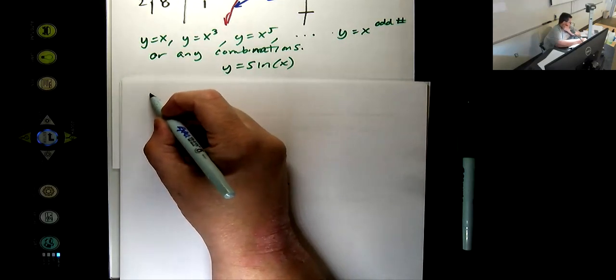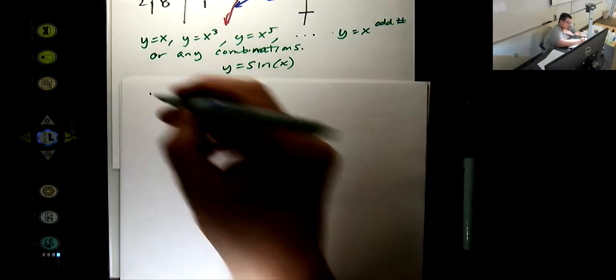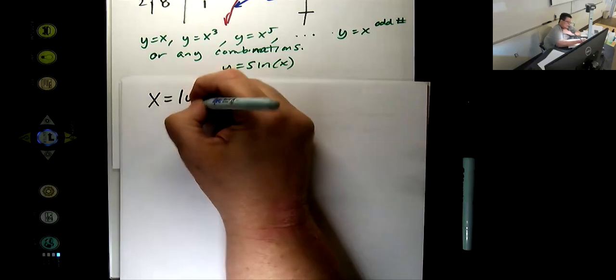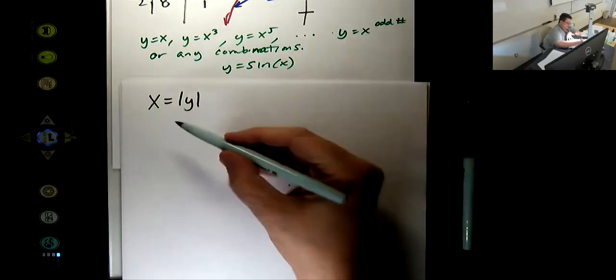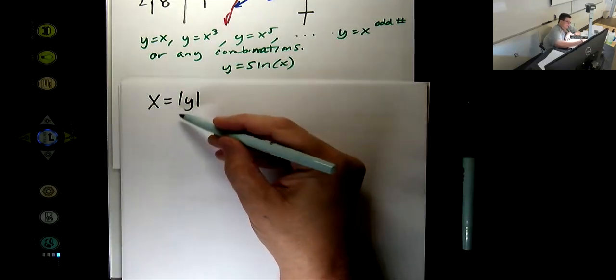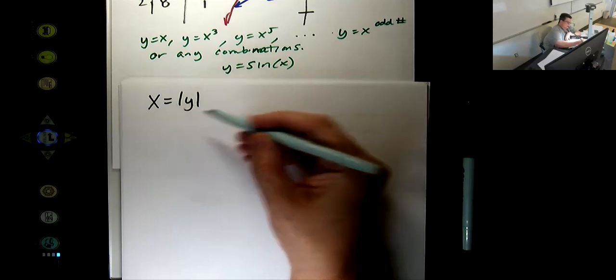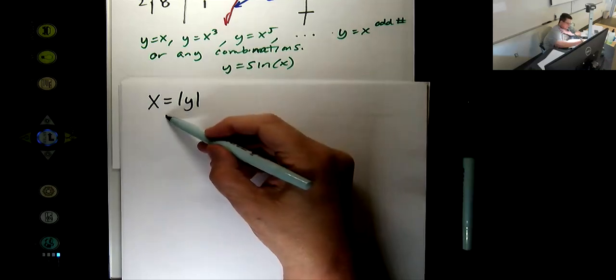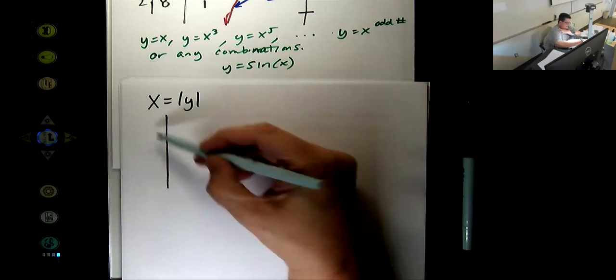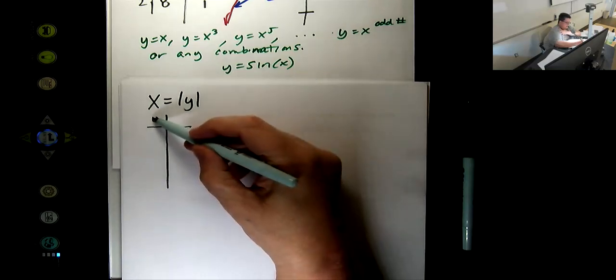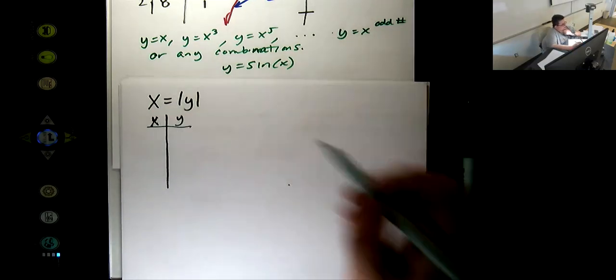Or let's see, let's do x equals the absolute value of y. How do we graph that? Any ideas?